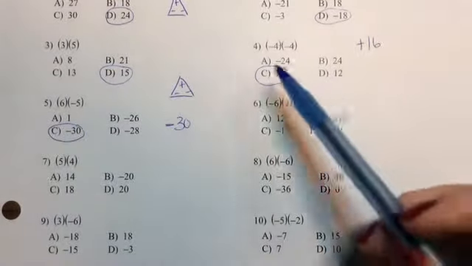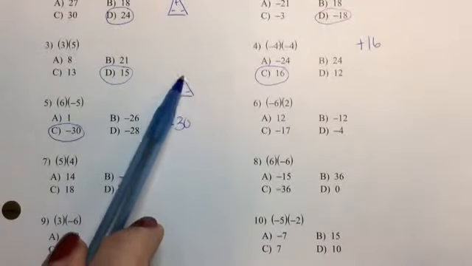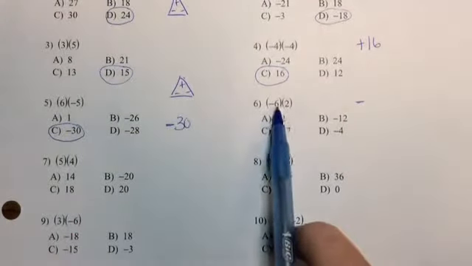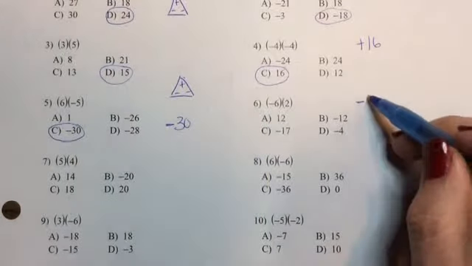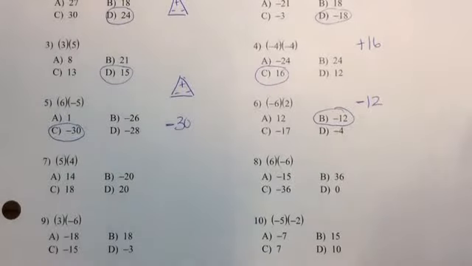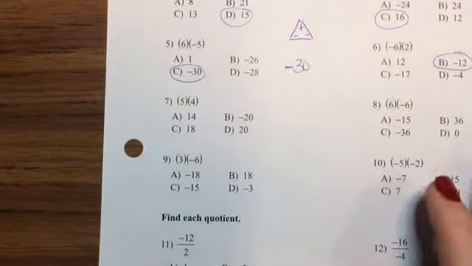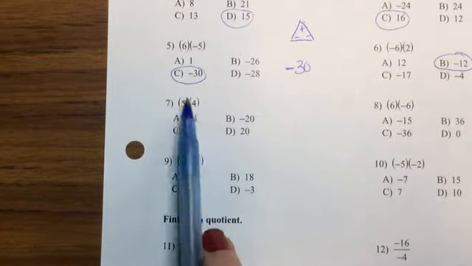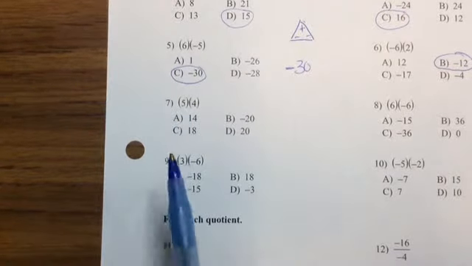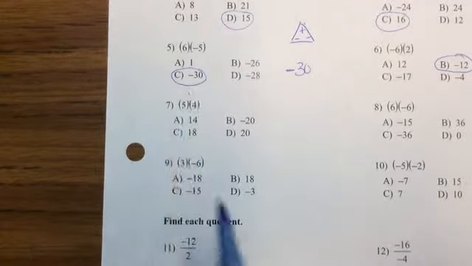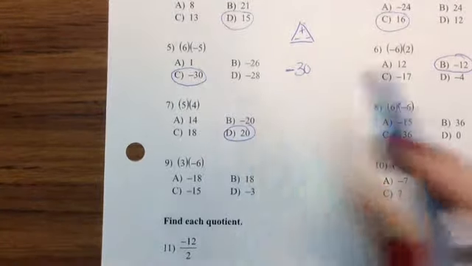Well, a negative times a positive, I cover those up, and my answer will be negative. And then 6 times 2 is 12. So my answer is negative 12. All right. Number 7, it says 5 times 4. Well, these are both positive, so I have to get a positive answer. 5 times 4 is 20, so it's positive 20.